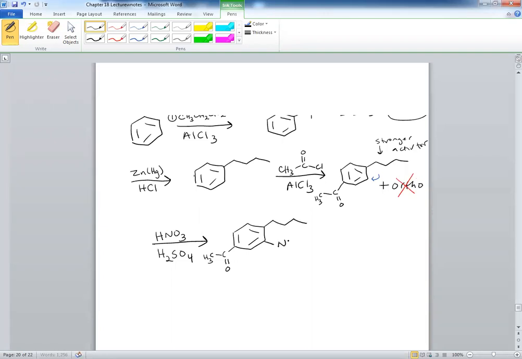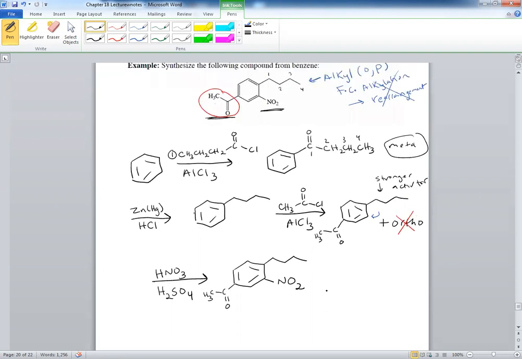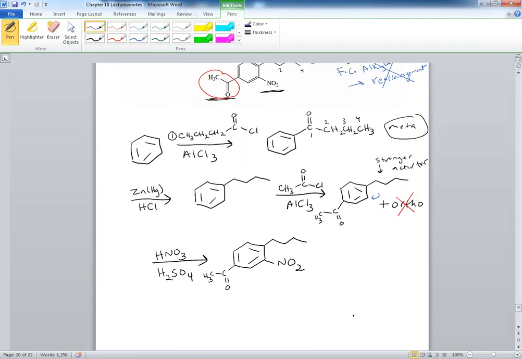Here's the nitro group right there. This is our final product. This order makes sense. Each step is carefully designed. And this is how you would actually carry it out in the lab if you're doing research: you would do one step at a time. And of course, each reaction can take a different amount of time.